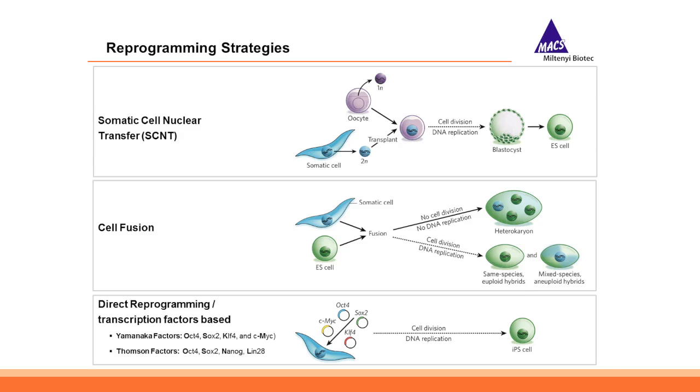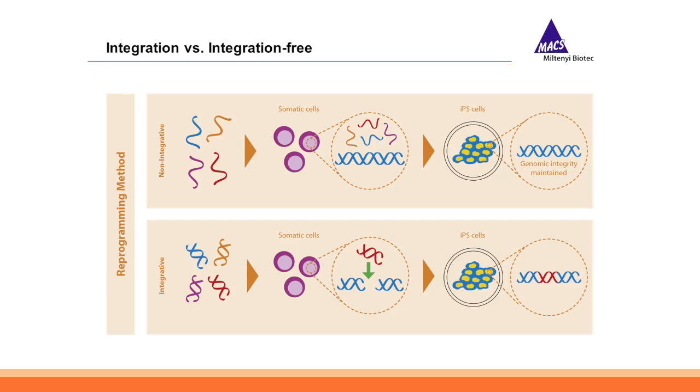And the last method I want to introduce is direct reprogramming, where we have the introduction of a small number of transcription factors, these Yamanaka factors, and then the cells are reprogrammed. This is now the gold standard to produce iPSCs, and we will go into further detail during this presentation. There are 2 different groups of methods which exist for direct reprogramming.